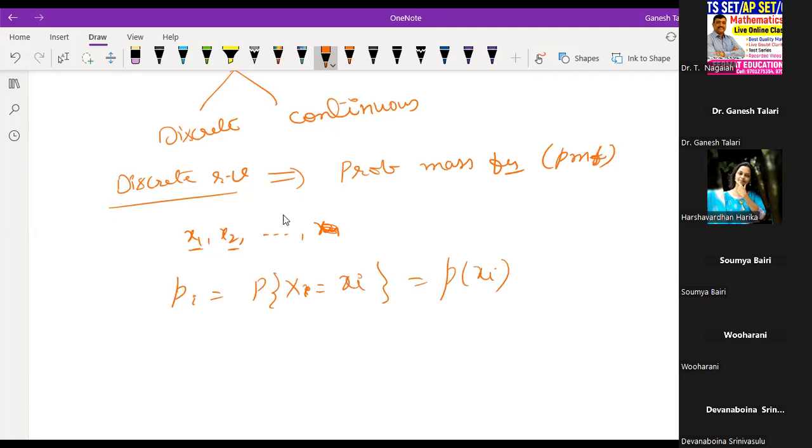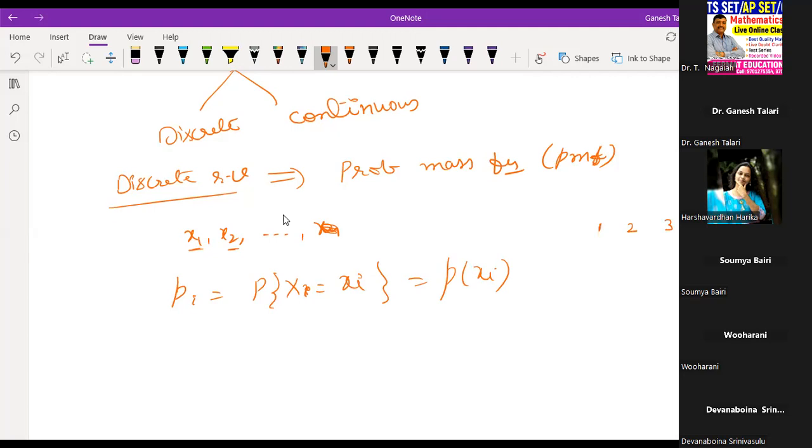It means that for each and every value of a discrete random variable, you are giving some probability. At a particular 1, you are giving some probability, at a particular 2, some probability, at a particular 3, some probability, and so on. So for each of your discrete random variable values, you are giving some probability.